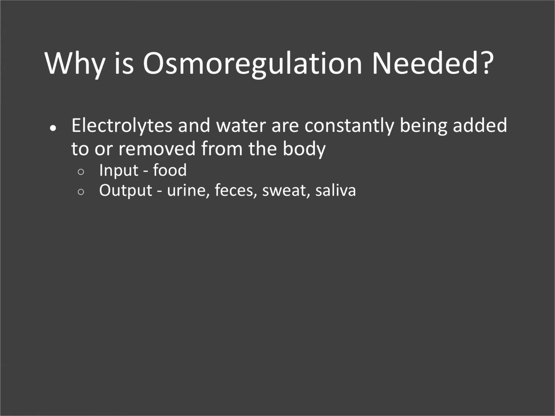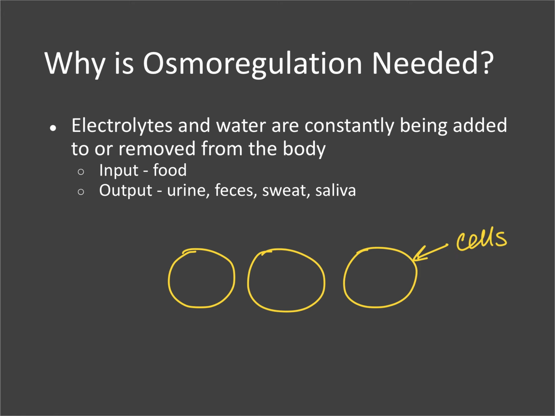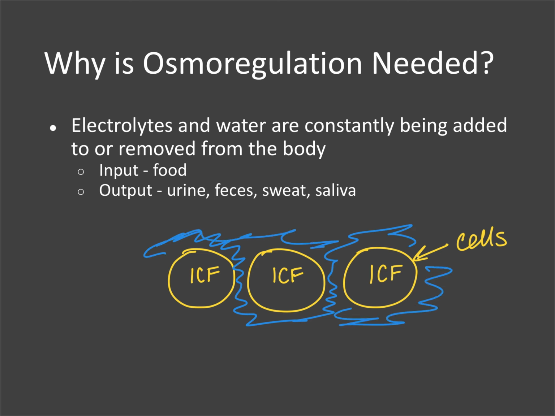Now, this whole time, you have cells in your body, and remember that these cells have an intracellular fluid, so a fluid inside the cells. And surrounding these cells, there is a liquid environment, and this liquid environment is the extracellular fluid.